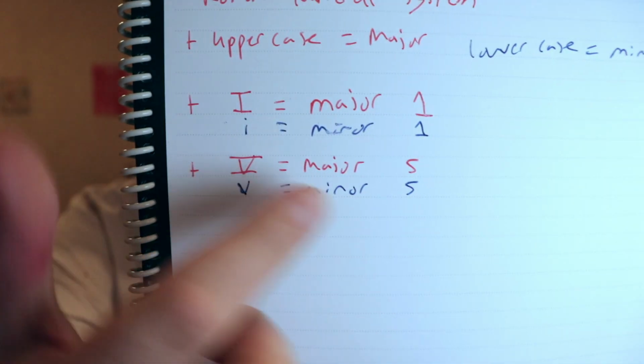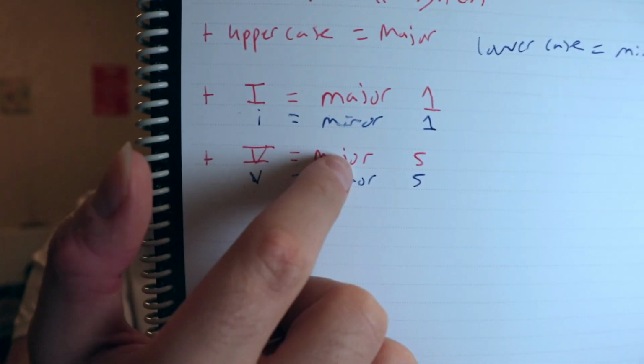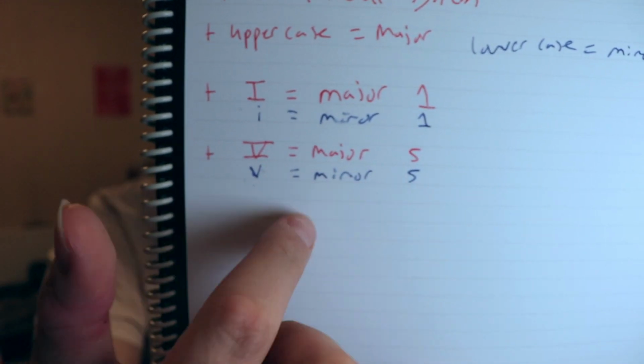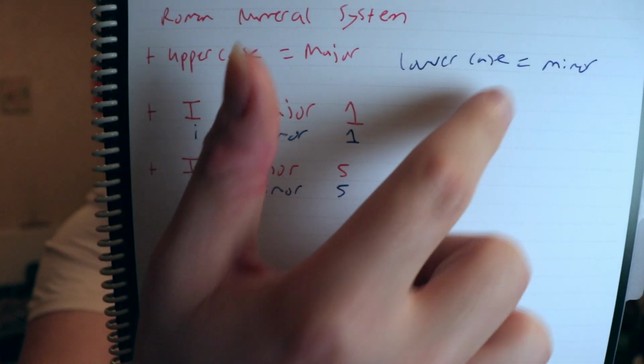So the uppercase V represents major 5. The lowercase v represents minor 5. And all the same rules apply. So the idea here is that this is major 5 because it is uppercase, right? And this is minor 5 because it is lowercase.